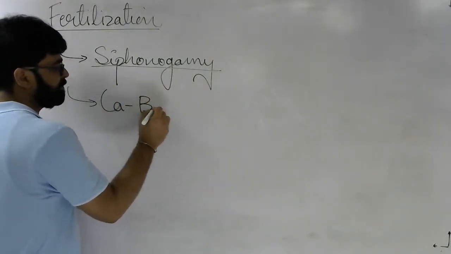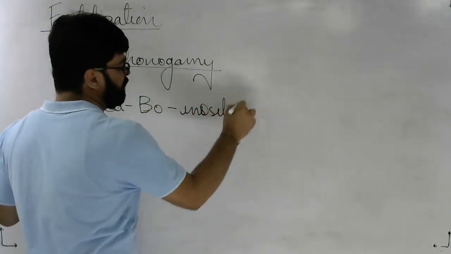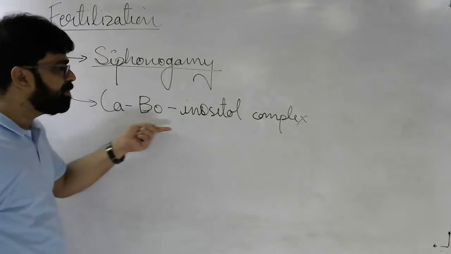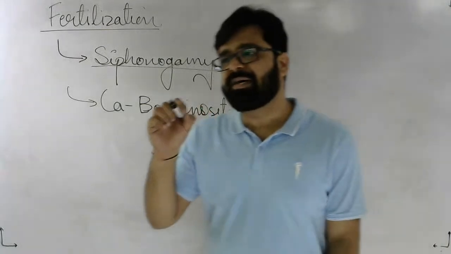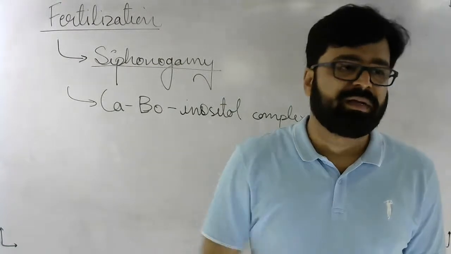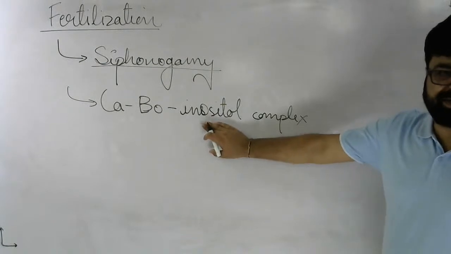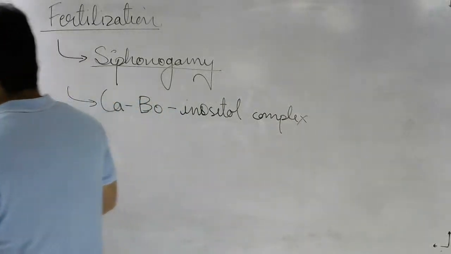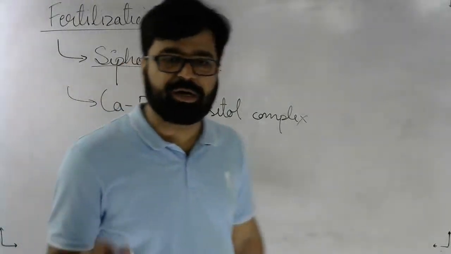Calcium, boron, inositol complex. Okay, this complex, the concentration of this complex is sensed by the pollen tube, and the growth of pollen tube occurs in the direction where more concentration is present of this complex, and this complex is generally released by the ovule. That's why ovule तक जो है pollen tube का growth होता है.